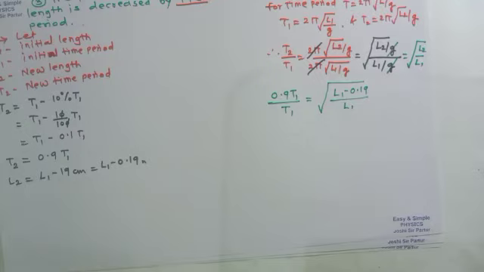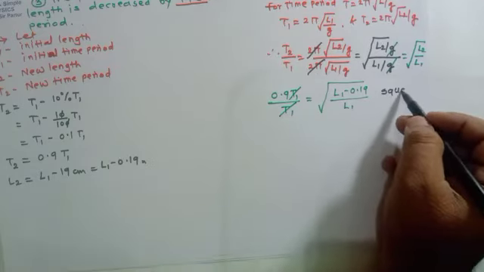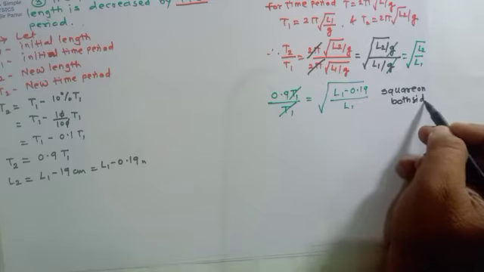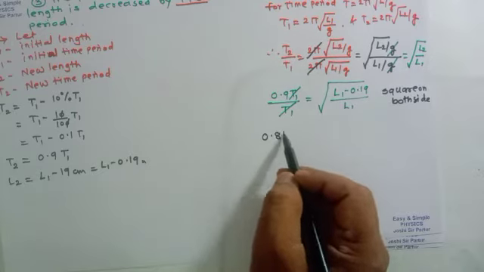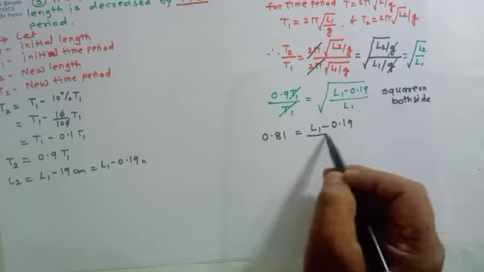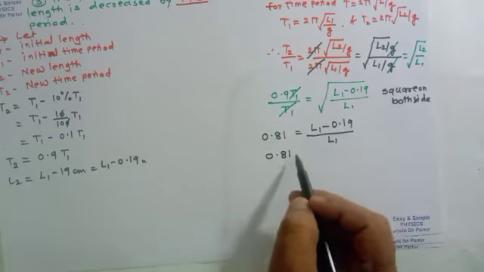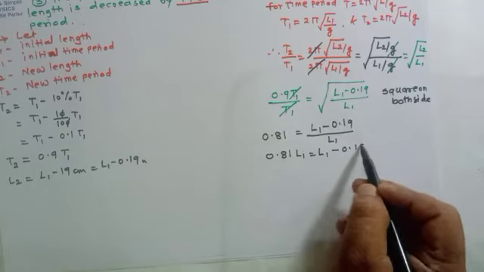Again, if we cancel the T1 and take square on both sides, 0.81 is equal to L1 minus 0.19 upon L1. So 0.81 L1 is equal to L1 minus 0.19.